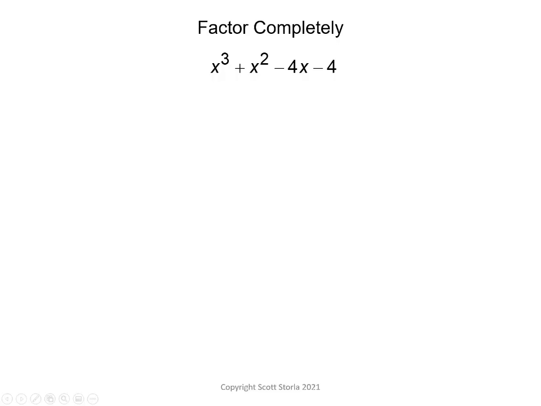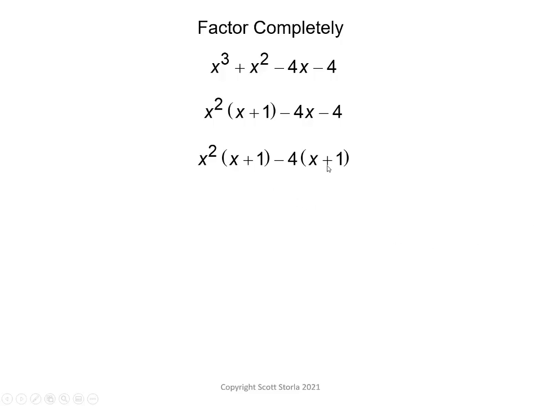Here's the first one. See how you do. Since I have 4 terms and all 4 of them do not share a factor in common, I'll shift to grouping. The first 2 have a common factor of x squared. The second 2 have a common factor of negative 4.